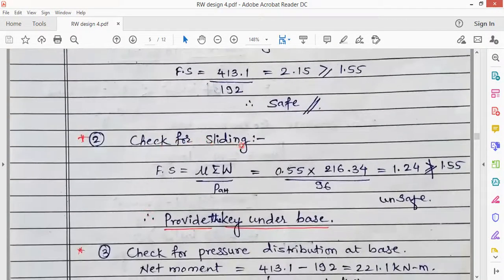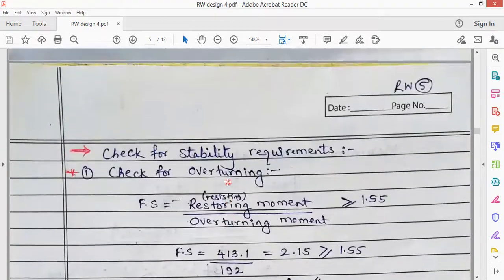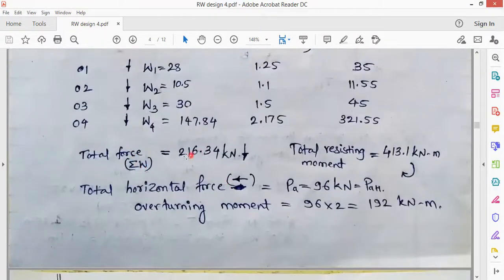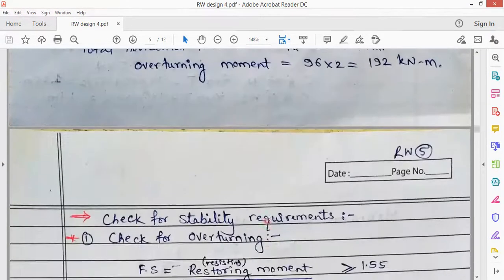Then the second step is the check for sliding. As I said, the summation of vertical forces, sigma W, is required here, and we have calculated sigma W as 216.34.